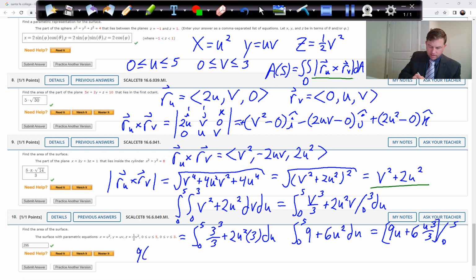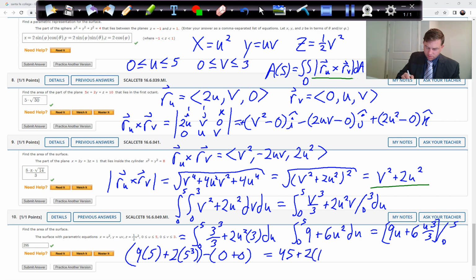So it's 9 times 5 plus 2 times 5 cubed minus 0 plus 0. So we get 45 plus 2 times 125, which is 250, plus 45, 295. So that would be the area of that particular surface of parametric equations.